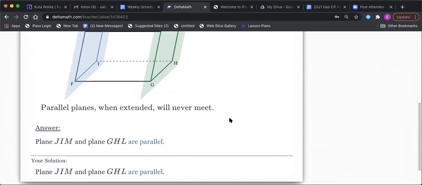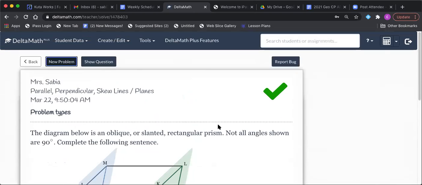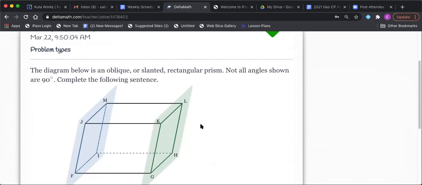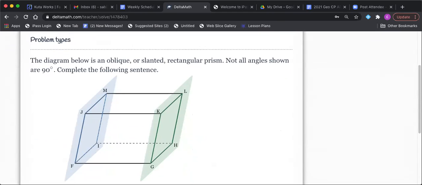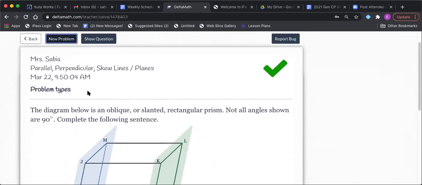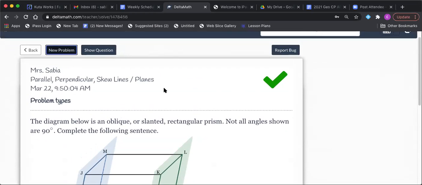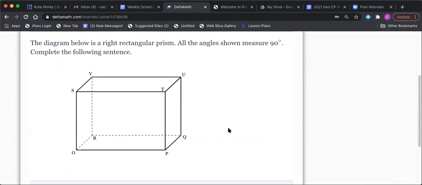Does anybody have any questions on parallel, perpendicular, skew lines, planes? I'm going to ask you a couple more questions. The next couple of questions are about the meeting points of these things.